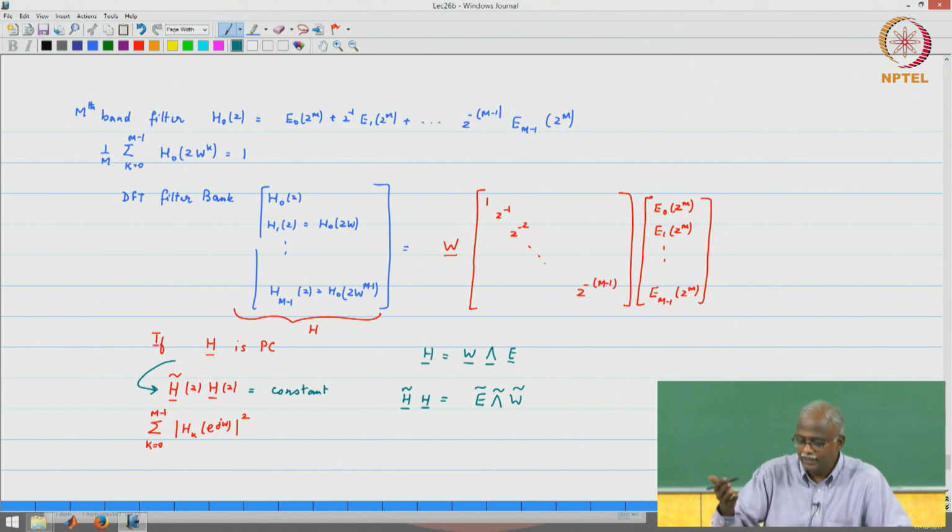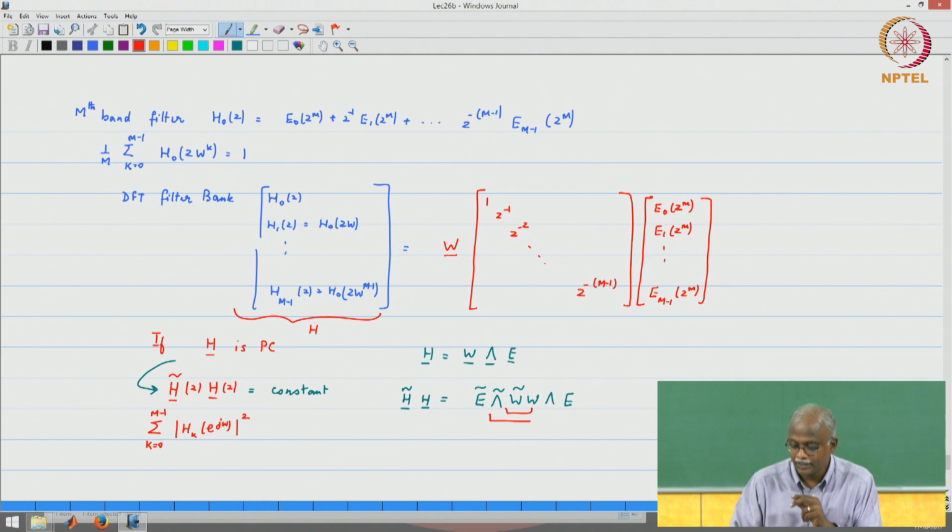So there are no powers of z, it will become the conjugate times W delta E. Notice that these two will cancel each other. This will be powers of z, this will be powers of z inverse, they will cancel each other, leaving you with E tilde E.